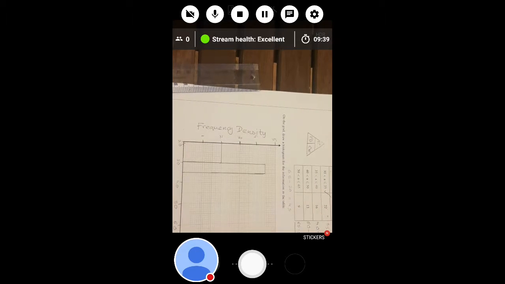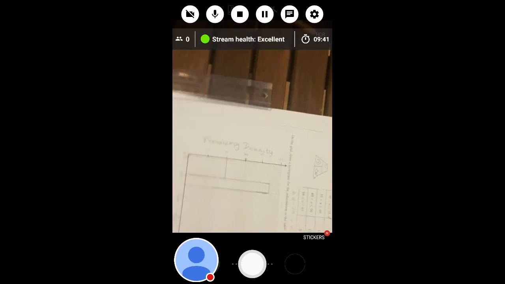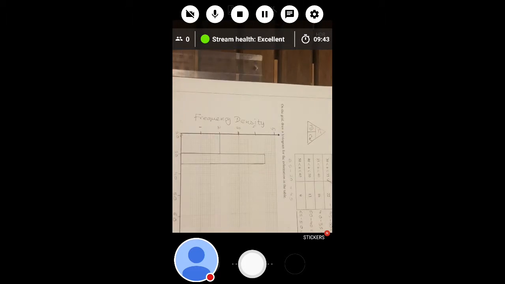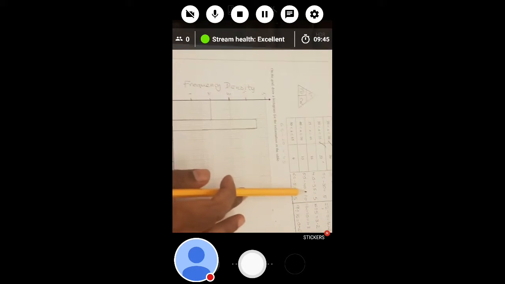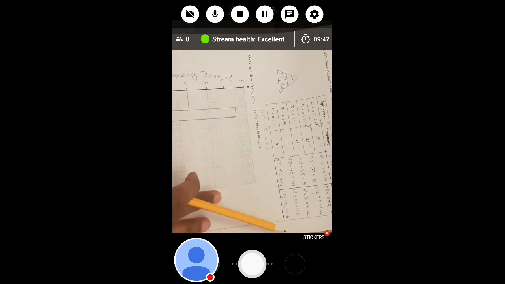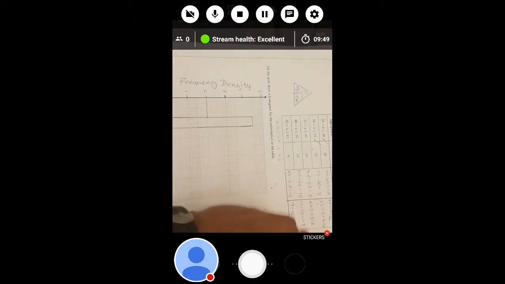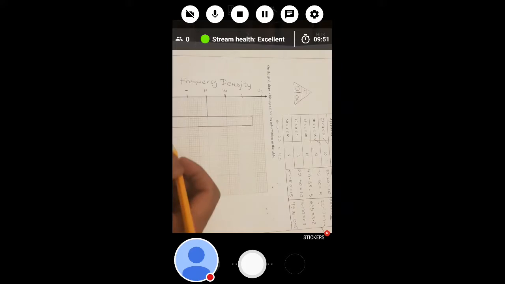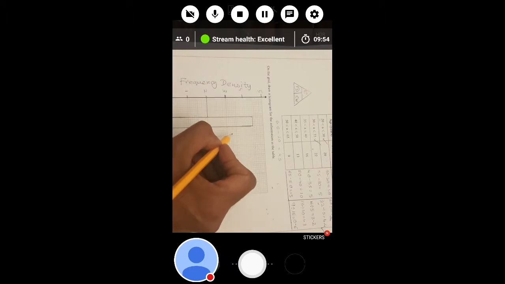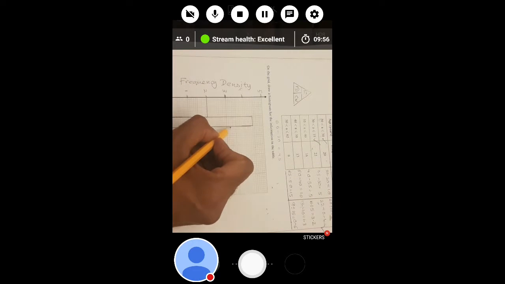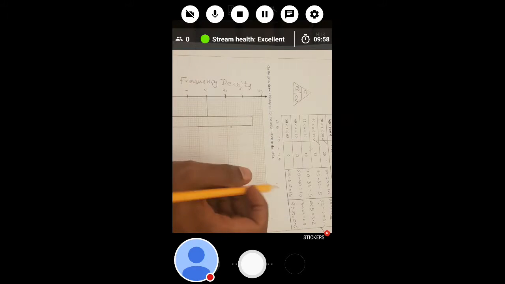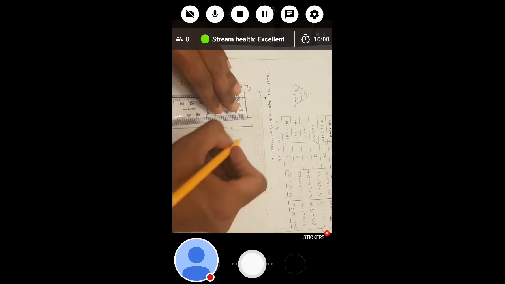The third one is from 35 to 40, and the frequency density is 3.2, so that's 3.1, 3.2 over here.